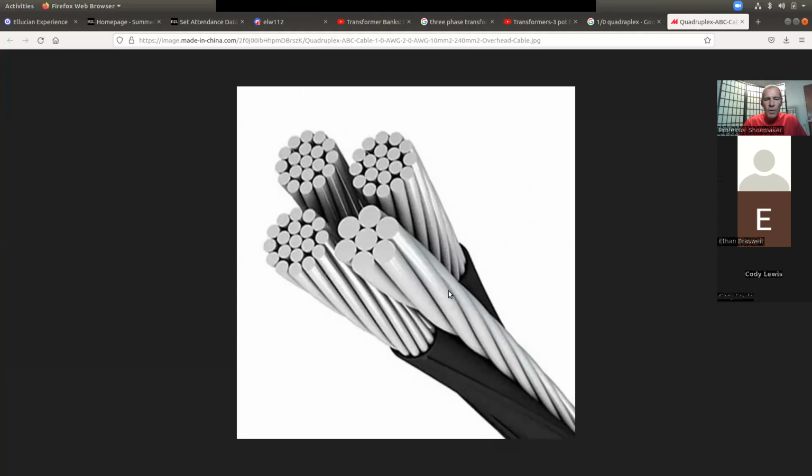So I've got 1 neutral, a hot leg, and a hot leg. I don't know if you guys can see it that clearly. Do you see the ridges that are on this one conductor, the black wire? Yeah. Okay, that is your high leg. So when you hook this up to your transformer bank, you're going to take this to the power transformer or transformers. That is your power leg.